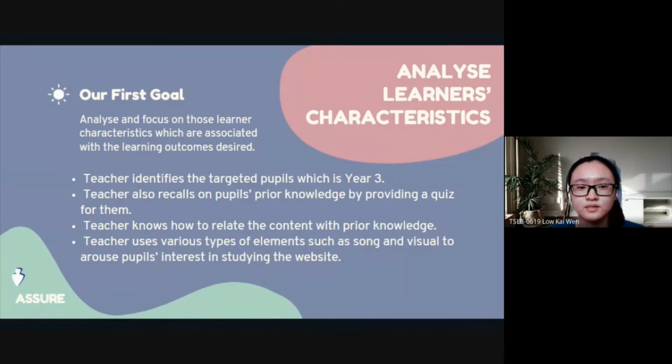For example, the teacher can identify the targeted pupils, which in this website is year 3, and the teacher will also recall pupils' prior knowledge by providing a quiz for them to assess. Then the teacher knows how to relate the content with their prior knowledge. On this page, the teacher also uses different types of elements such as songs and visual elements to arouse pupils' interest in studying the website.